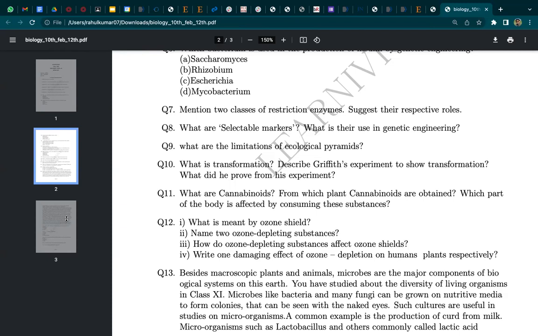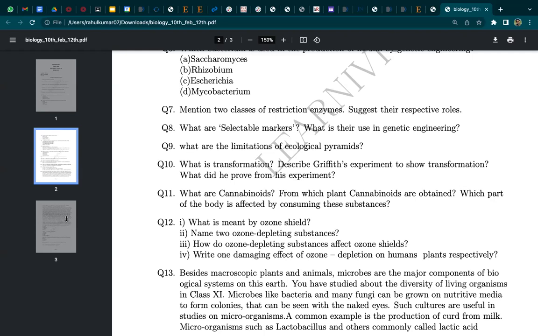Can you dictate it once again? Yes. Transformation is the process by which bacterial cells take up a foreign DNA or gene and show different abilities provided by that gene or DNA.